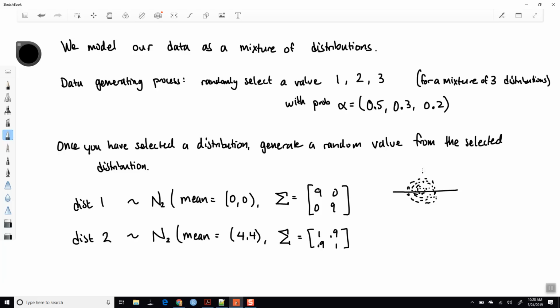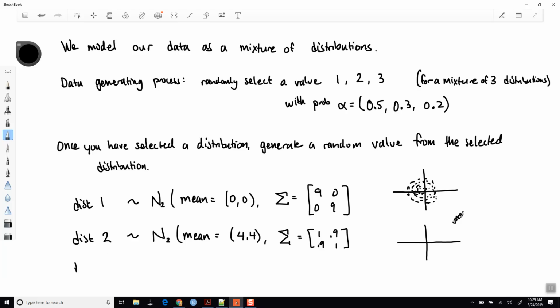So this first one is centered at 0, 0. This one would be centered up here at 4, 4, and it would look kind of like this. So less spread, but there's high correlation.